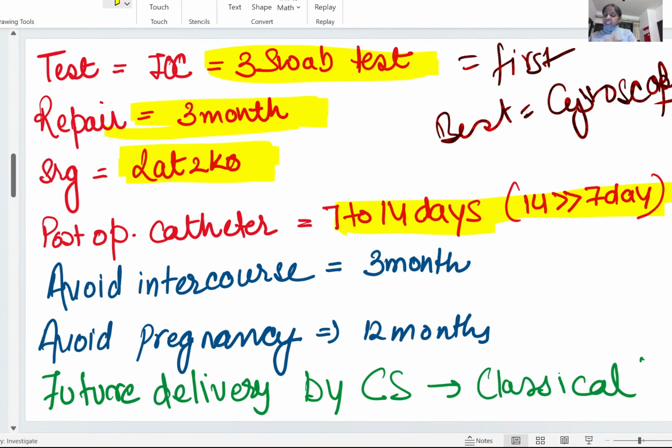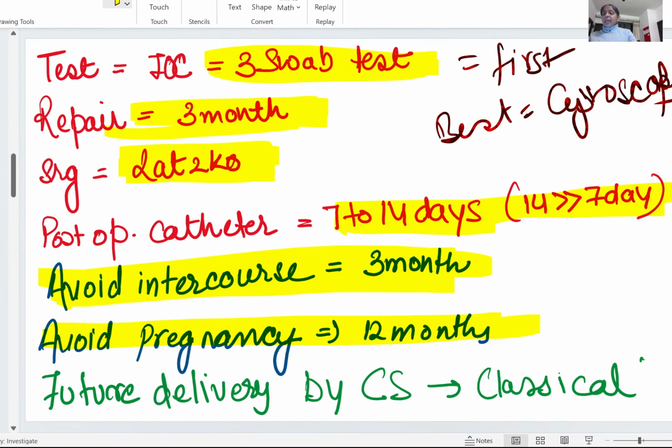If a patient has undergone VVF repair, intercourse is to be avoided for 3 months. Pregnancy is to be avoided for 12 months.